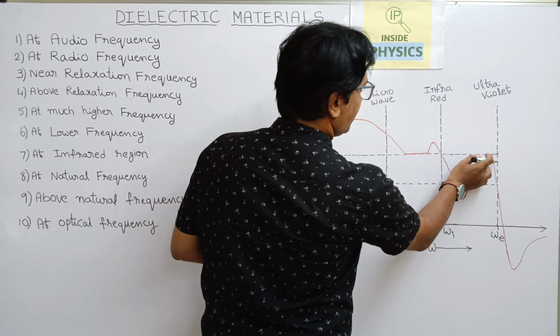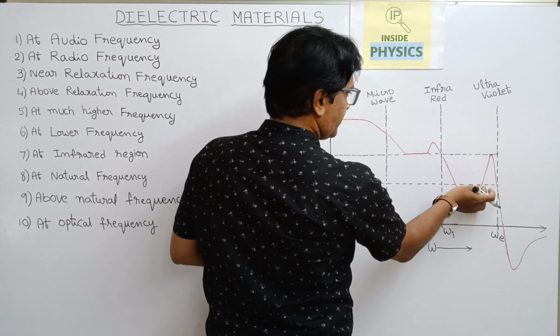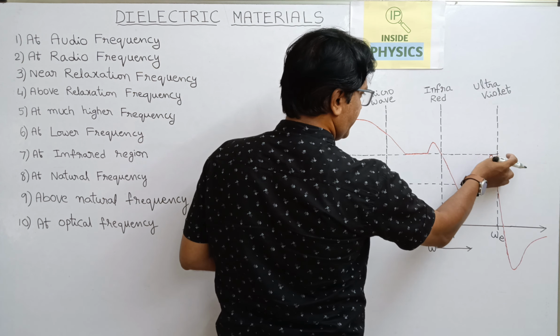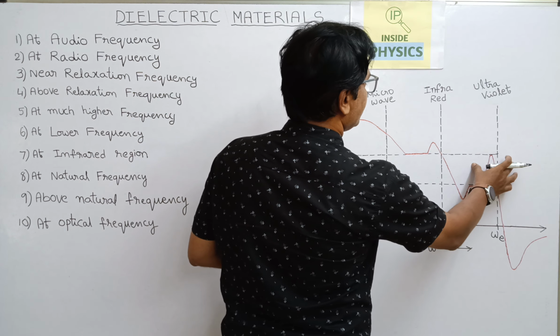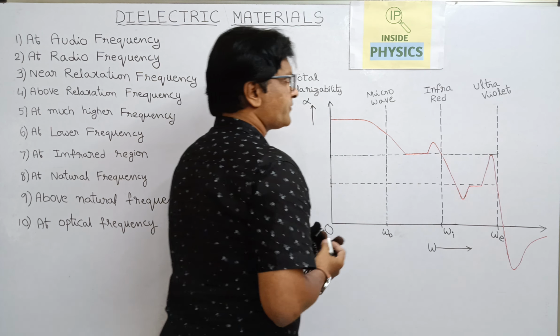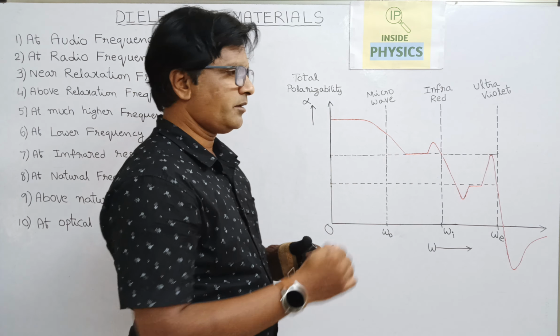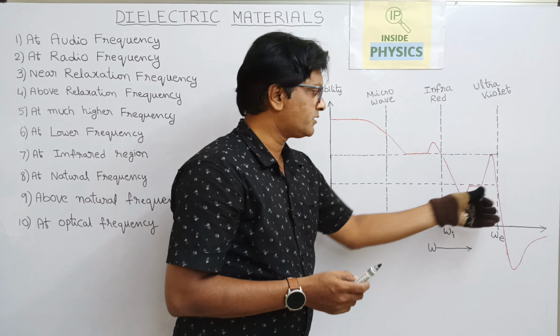In the ultraviolet region there is an increase in the polarizability up to some extent, and again a sudden drop. So in some frequency regions there is a sudden uplift and again a sudden drop of the polarizability.